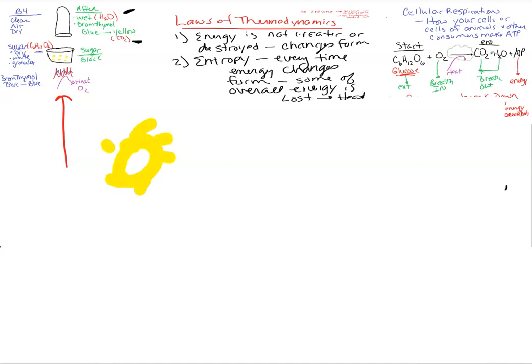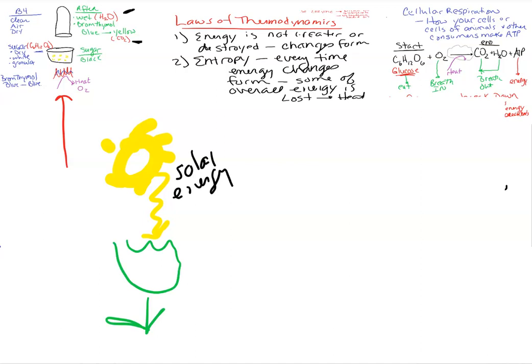That is our initial energy right there. And the sun is going to come down in the form of solar energy. And this solar energy is used by plants to do photosynthesis.